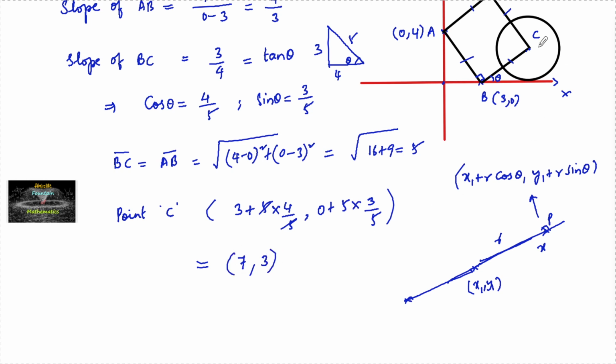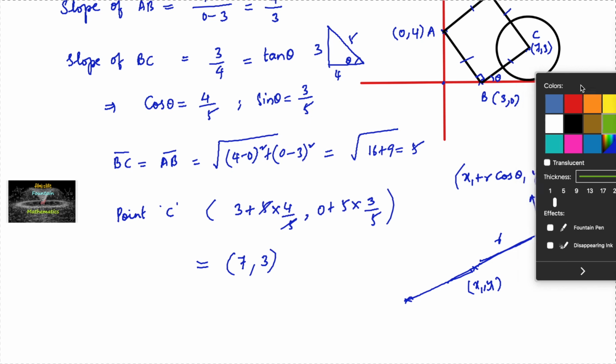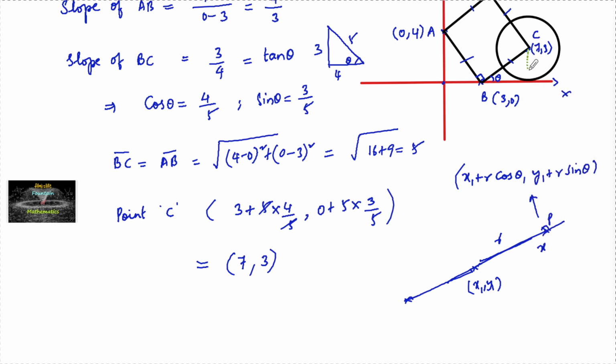So we got the center point (7, 3). If (7, 3) is the center, the perpendicular drawn from here to the x-axis should be equal to 3 units, so 3 units is our radius.